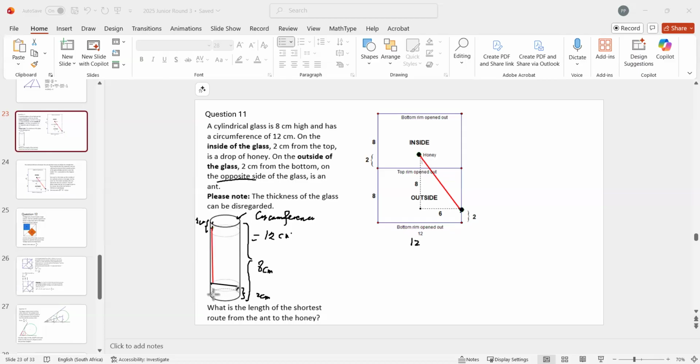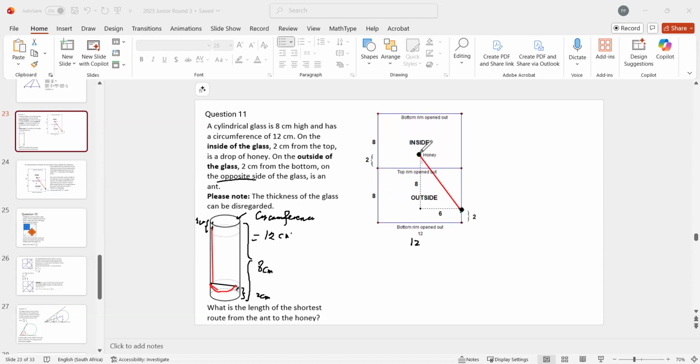But now the circumference becomes a straight line. So this part here becomes your base. So this is your 6 that we're talking about.